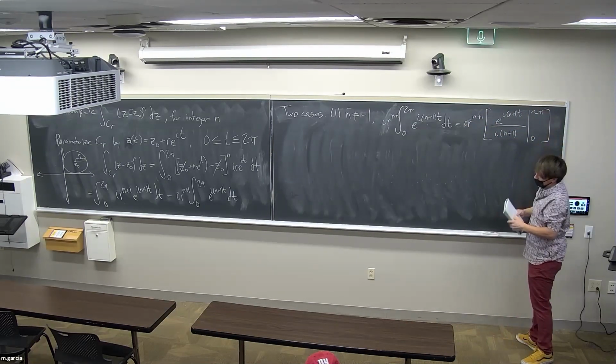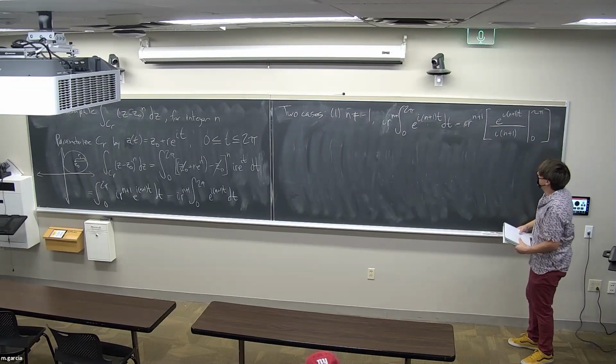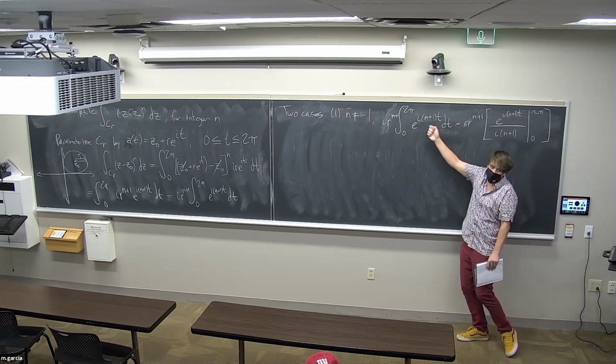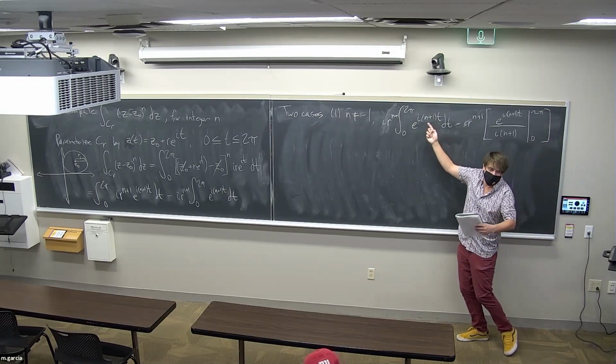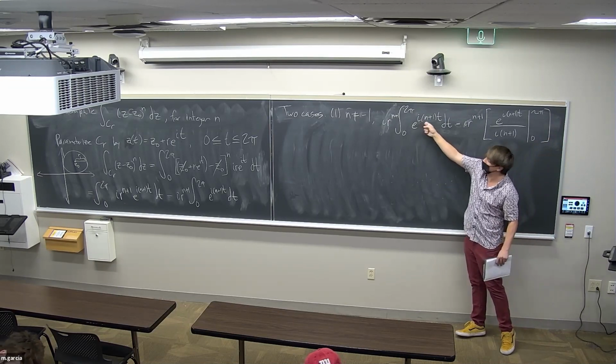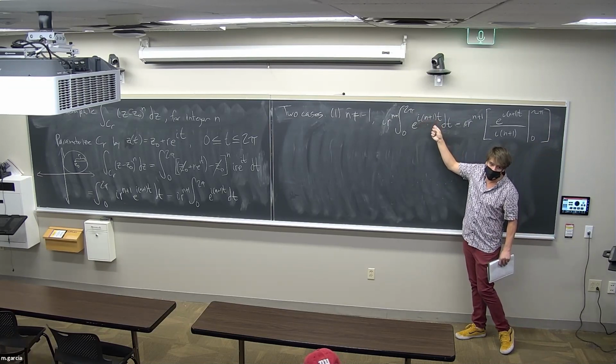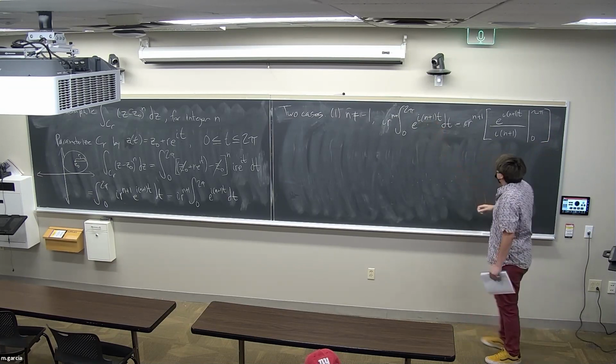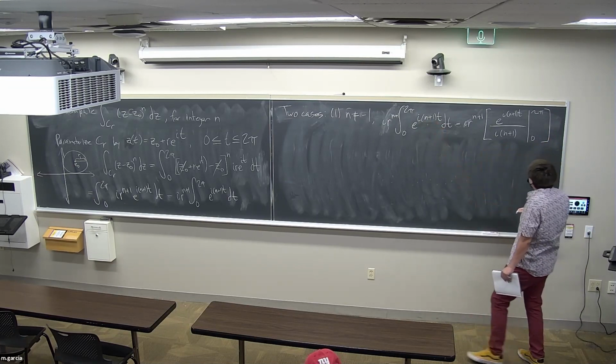And here I've technically done a u substitution, where I just have a constant come out from differentiating u. I set u to be equal to i times (n plus 1) t. Okay, good.